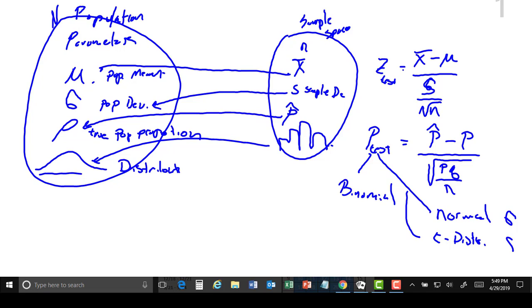When you do hypothesis testing, you use a test statistic, and once you choose your level of significance, this area under here, let's say you're doing a two-tailed test, is the probability of a type 1 error. The tighter this is, the less chance you'll make a mistake, but it takes more processing power.